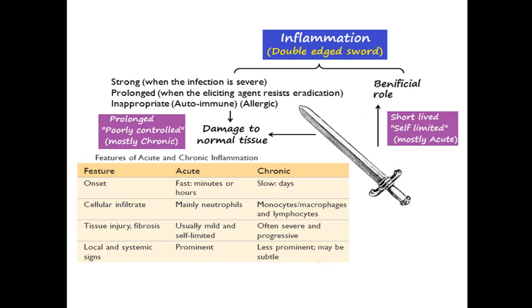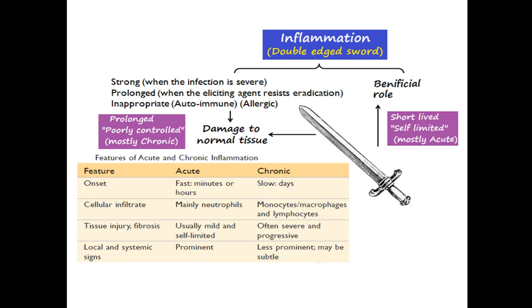In that situation, we get two pathological conditions. One is autoimmunity. Normally our immune system recognizes self and non-self invading agents, and in that way it doesn't develop any inflammatory response against the tissues of our own body.